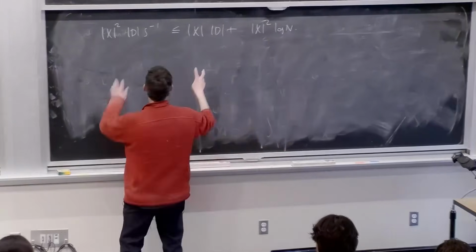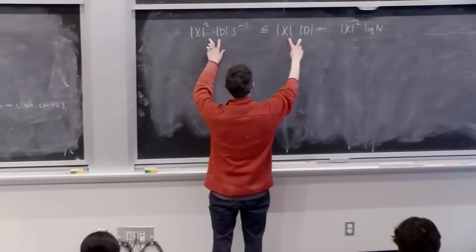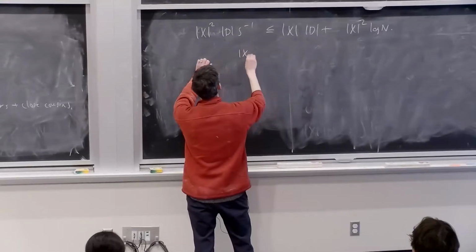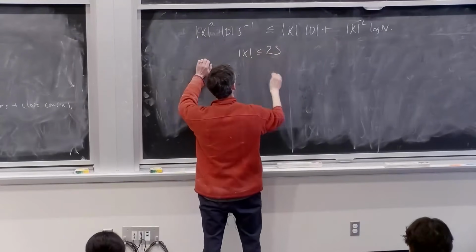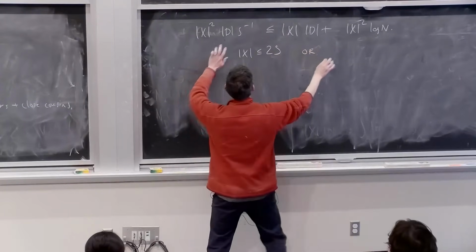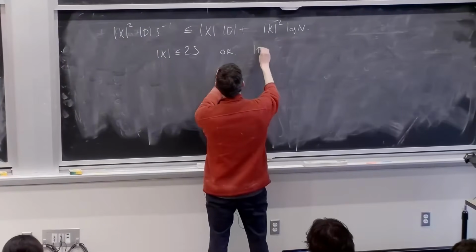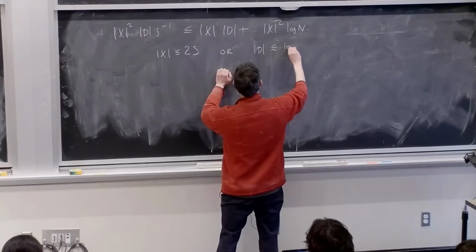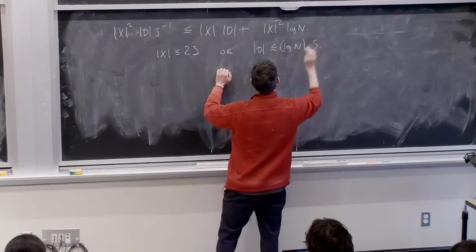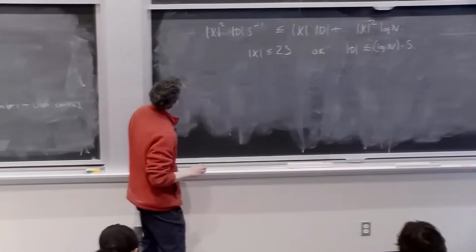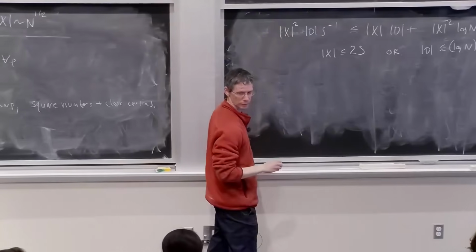So there are two cases. If this one dominates, then I would have that |X| is bounded by 2s. Or if this one dominates, then the |X|'s disappear, and I get that |D| is bounded by log of n times s. And that's the theorem.